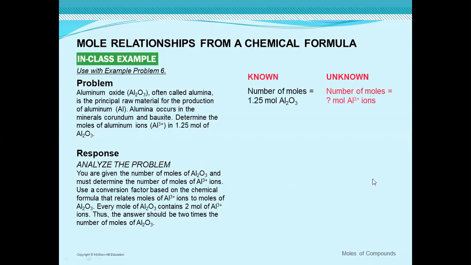Yes, okay. So to answer this problem, the known is the number of moles, 1.25 moles of Al2O3, and the unknown is the number of moles of aluminum ion, Al3+.